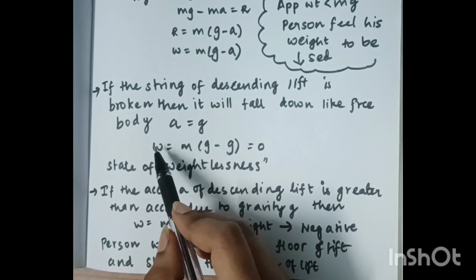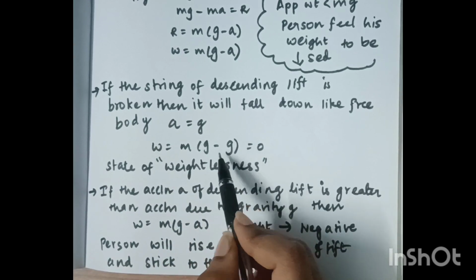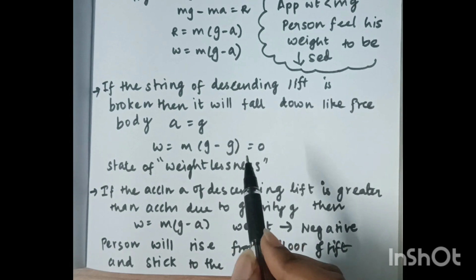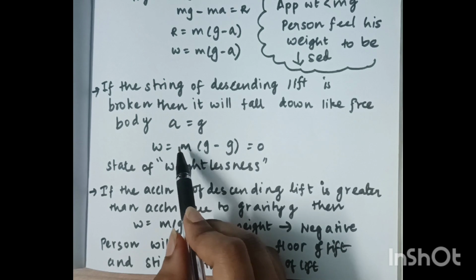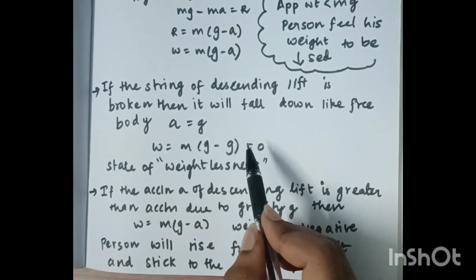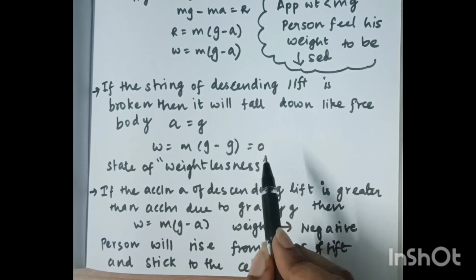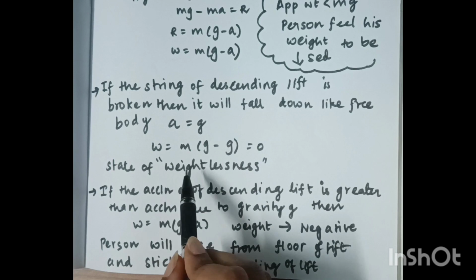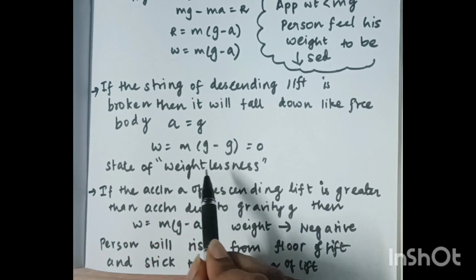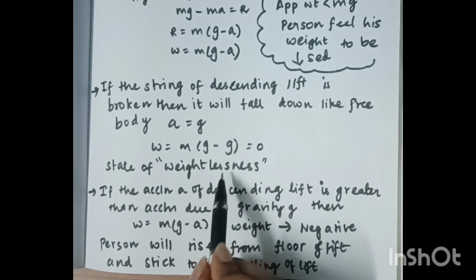So we know the apparent weight is equals to m into g minus a in case of the lift moving down with constant acceleration. But here a is also equals to g. So it is W equals to m into g minus g, that is equals to 0. So apparent weight is 0. The machine will read 0 weight. There is no weight. So in this case, the person will feel the state of weightlessness. So he will not experience any weight. It is state of weightlessness.